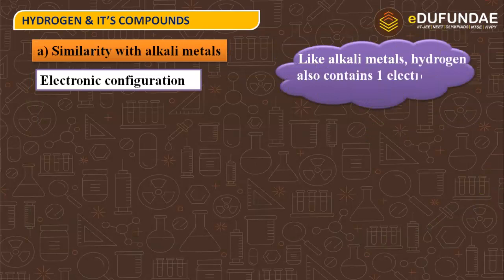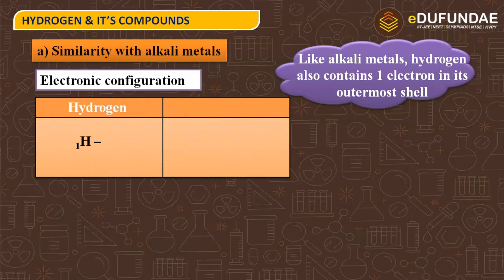Electronic configuration. Alkali metals and hydrogen resembles in electronic configuration. Why? Because both of them contains one electron in its outermost shell. Let us see. Hydrogen, this is H1, is having electronic configuration 1s1, and alkali metals, for example alkali metals का first member है हमारे पास lithium, that is having electronic configuration 1s2, 2s1, and next member is sodium, that is having electronic configuration 1s2, 2s2, 2p6, 3s1.